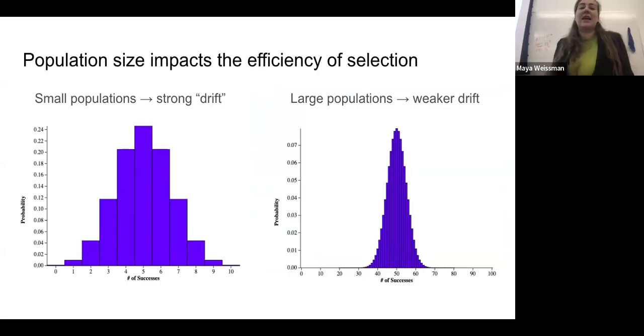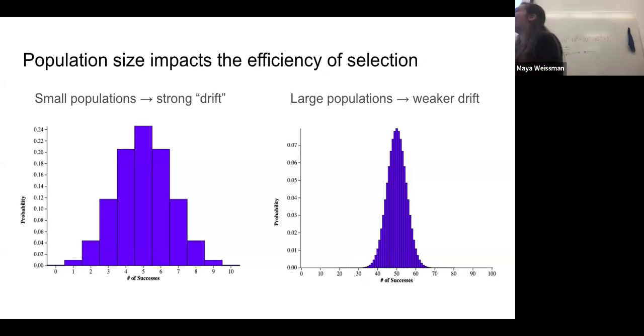Population size impacts the efficiency of selection. And the word we use to describe the effect of random reproductive chance is drift. Some papers, it's not super common, will call selection draft. The idea, to make it rhyme, drift and draft, is that draft is a directional change and drift is change due to random chance.